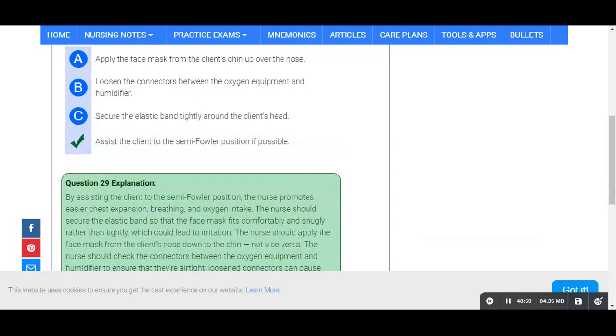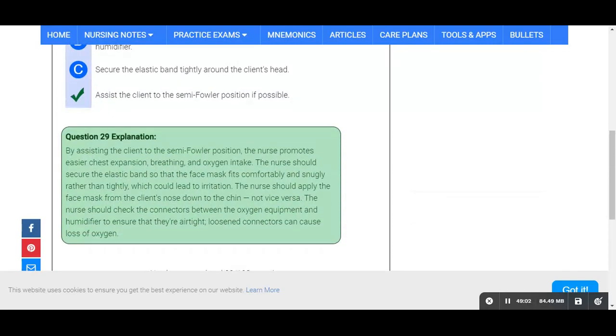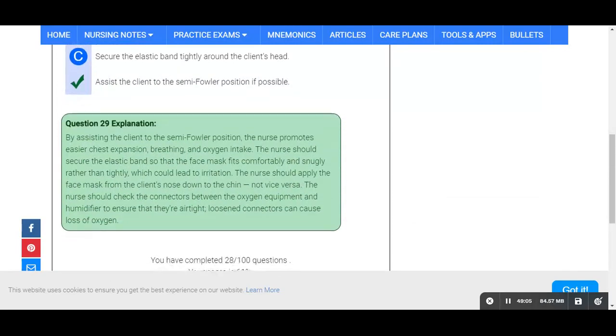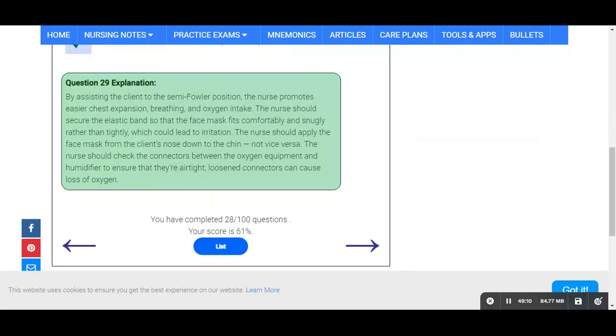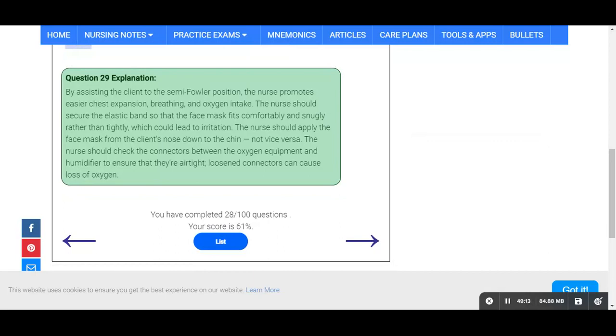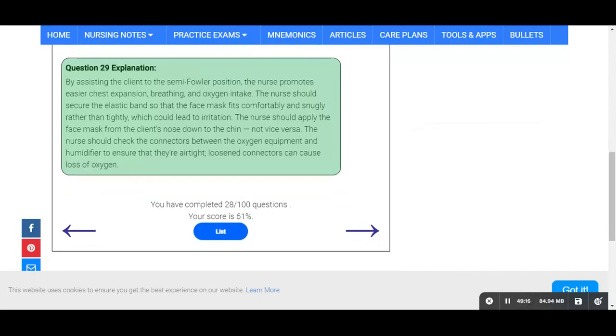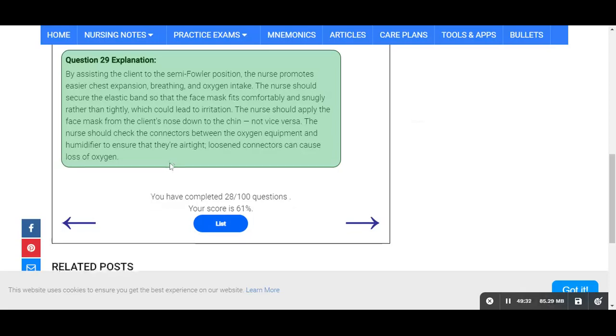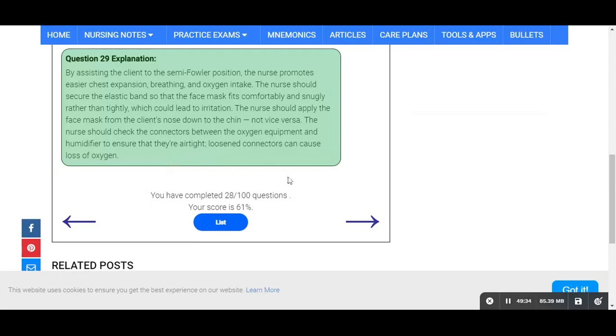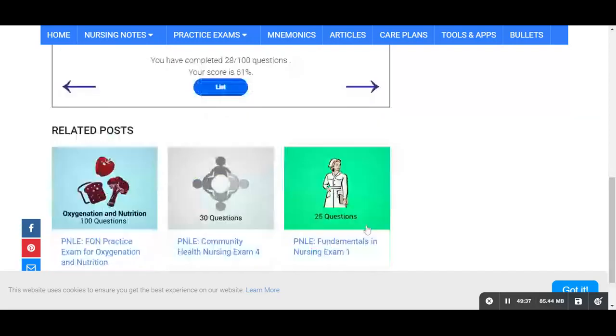By assisting the client to semi-Fowler position, the nurse promotes easier chest expansion, breathing, and oxygen intake. The nurse should secure the elastic band so that the face mask fits comfortably and snugly rather than tightly, which could lead to irritation. The nurse should apply the face mask from the client's nose down to the chin, not vice versa. The nurse should check the connections between the oxygen equipment and humidifier to ensure they're airtight. Loosened connectors can cause loss of oxygen.